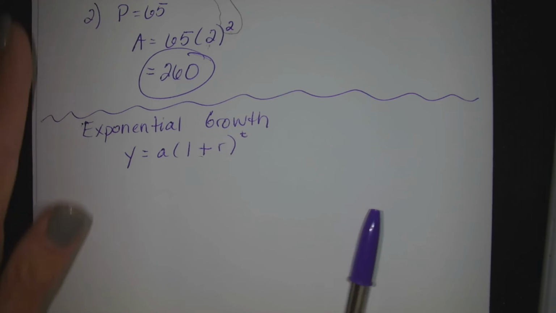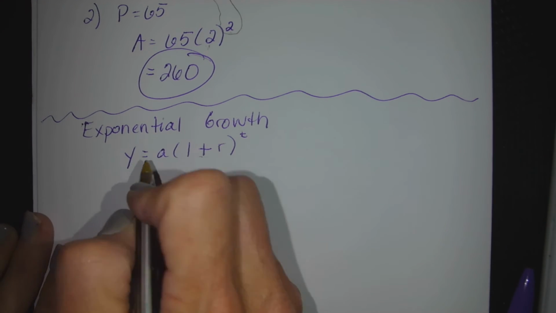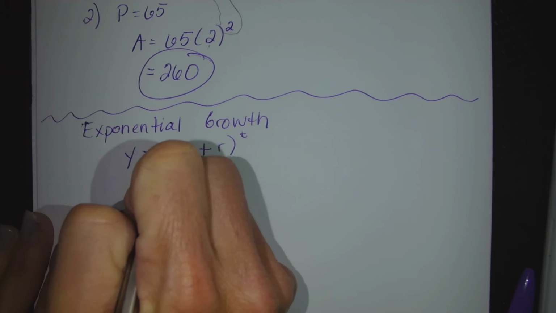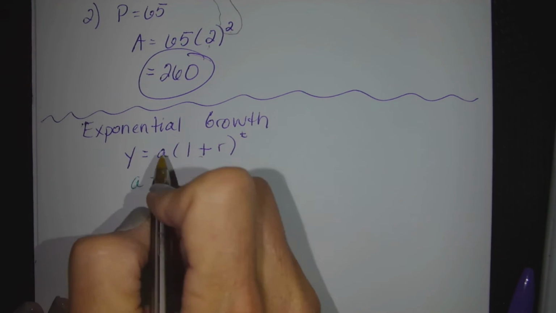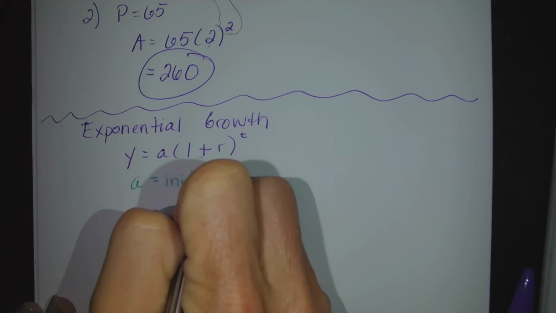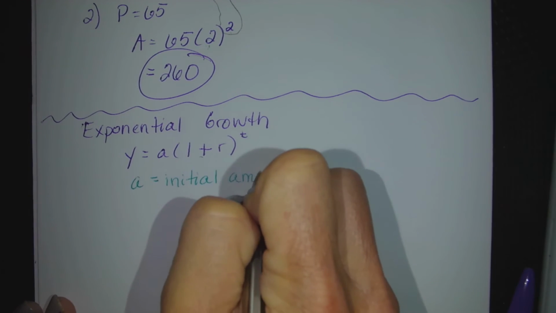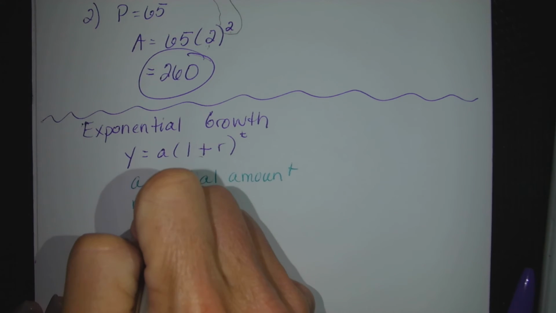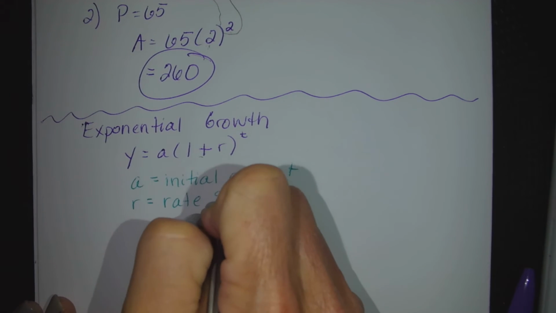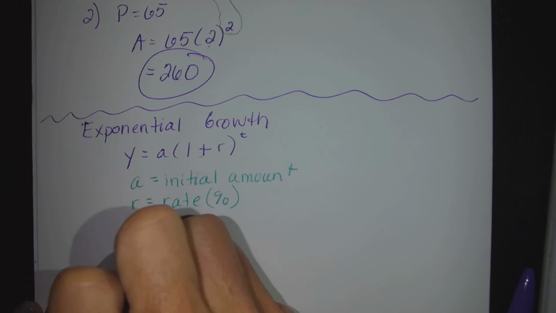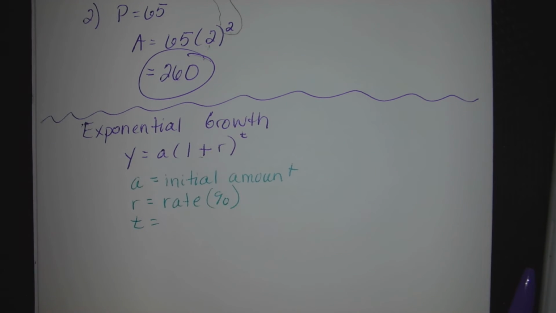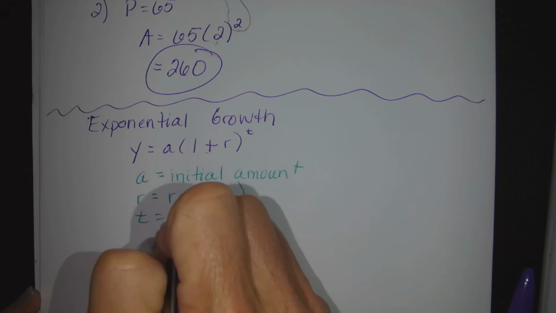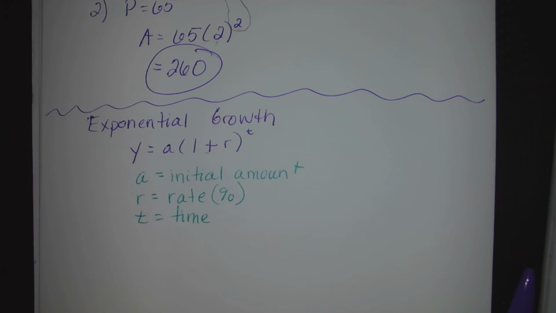I'm going to scoot that up. And I will tell you what these mean. So A is equal to initial amount. R is rate in percentage. And T, what do y'all think T stands for? Time. Time, like length, hours, minutes, seconds, that kind of thing.